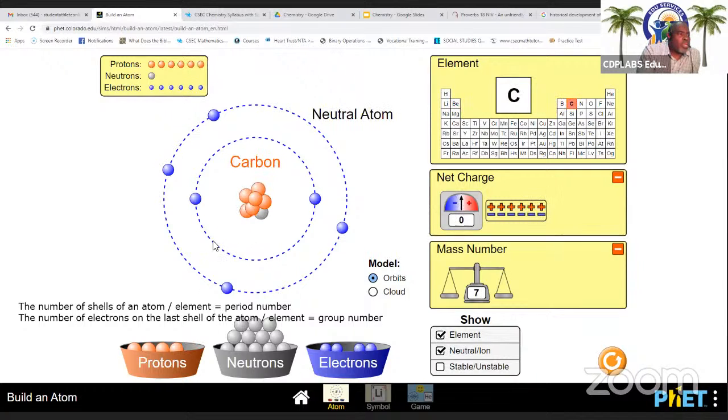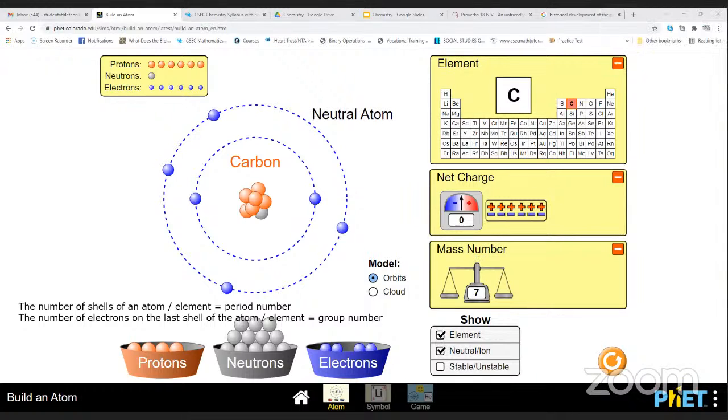So we have carbon here. So 2, 6. Okay, which group is carbon in? Anybody? 4. Okay, good.